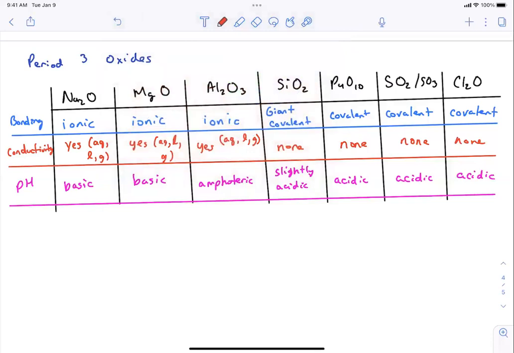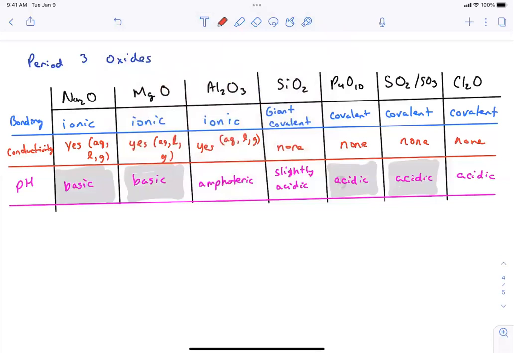Now, I'll give you all a second, and then I'm going to highlight something here. Some of these reactions you do need to know related to the pH of these systems. The reactions you need to know are for Na, Mg, P4, and SO2/SO3.